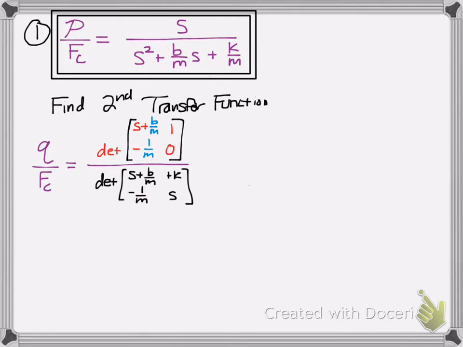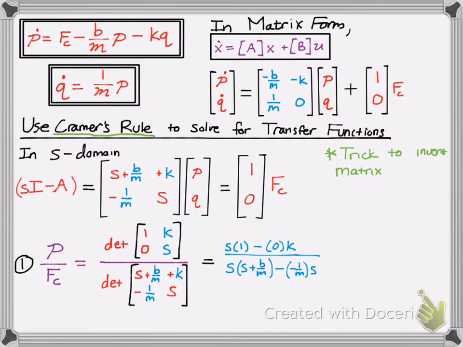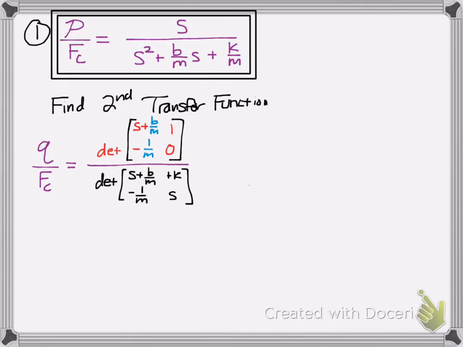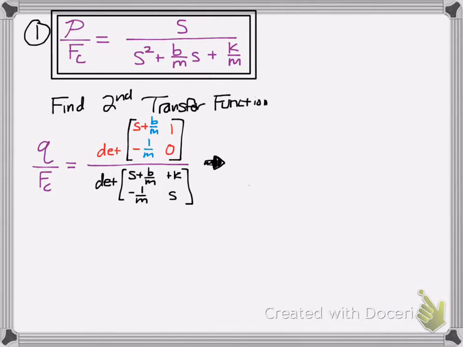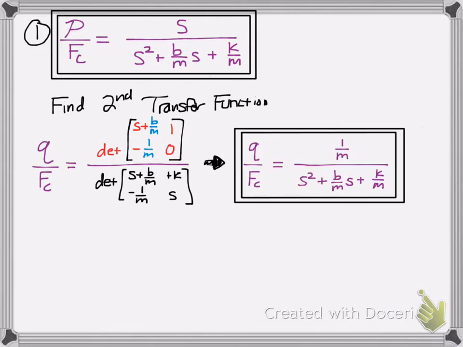The denominator is the same as in the last one. You keep those the same, the determinant of the same matrices. Take the determinants, and we get 1 over M over S squared plus B over M S plus K over M. Boom, we found our second transfer function. We did it. That's awesome.